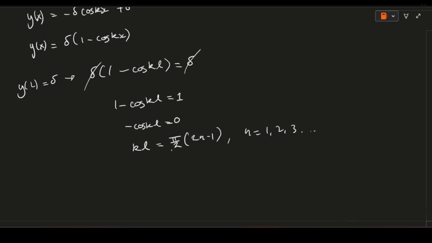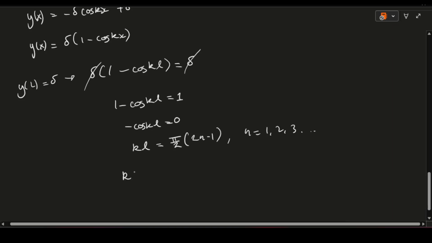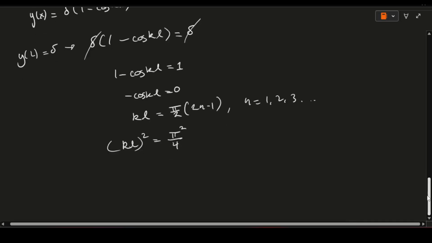Now, if we square both sides, taking the smallest case, we get that kL squared is equal to pi squared over 4. So we get k squared is equal to pi squared over 4L squared.